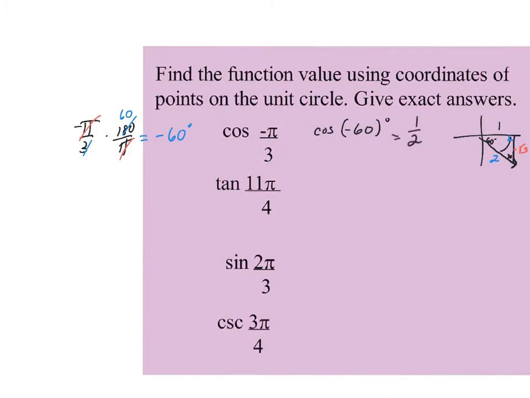For my second example, again, I'm going to take 11 pi over 4 and convert it to degrees. I wind up with 495 degrees. So now I've got to bring in the concept of coterminality. So subtract 360 and you're left with a 135 degree angle.